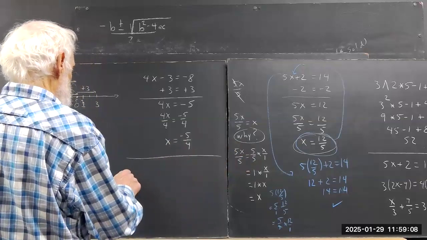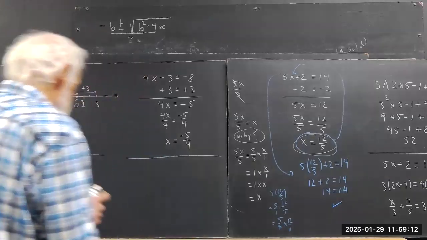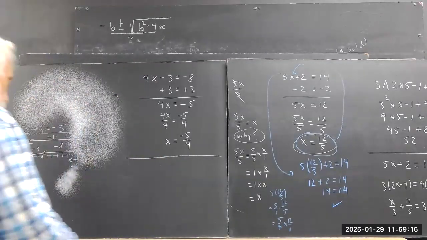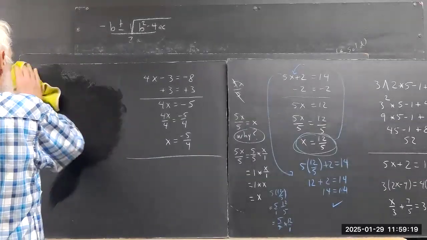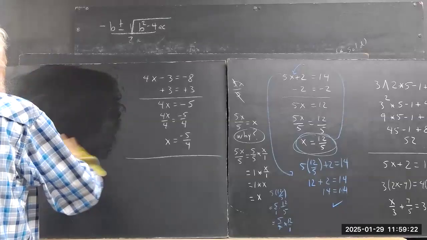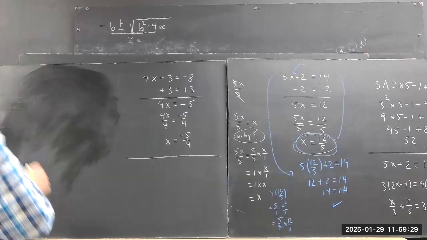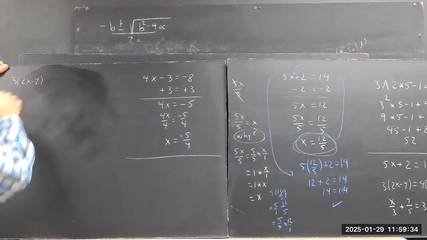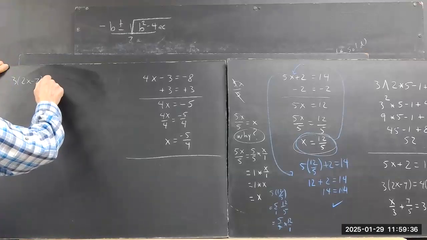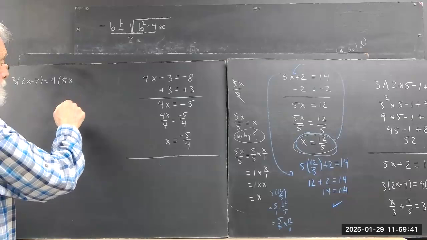The second problem. The second problem was 3 times (2x minus 7) equals 4 times (5x plus 3).